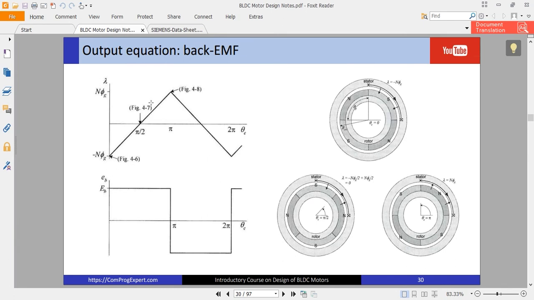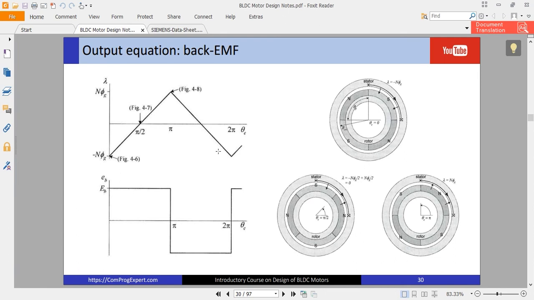This waveform is flux linkage versus electrical angle, and when the electrical angle is equal to pi divided by 2, the flux linkage is 0. And if we rotate the rotor 90 degrees more, the coil will be in front of the North Pole and the flux linkage will be equal to N times phi_gap, right?